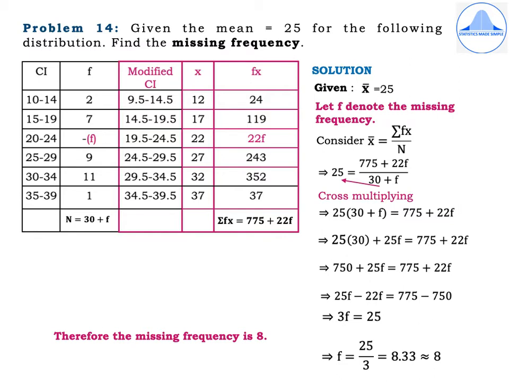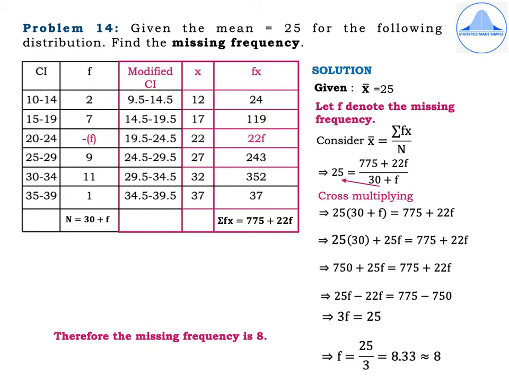Now going back to the solution, let us substitute in the mean formula. So which implies 25 equal to 775 plus 22f divided by 30 plus f. Then cross multiplying, you will get 25 into 30 plus f is equal to 775 plus 22f, which implies, now take 25 into each term within the bracket.